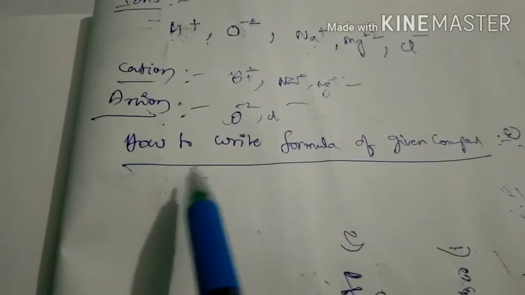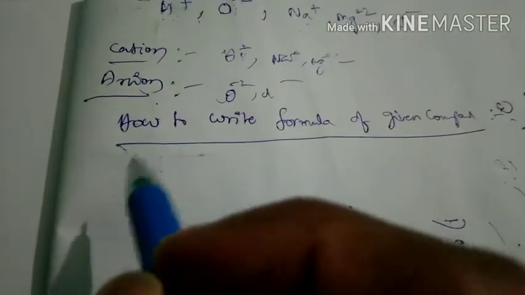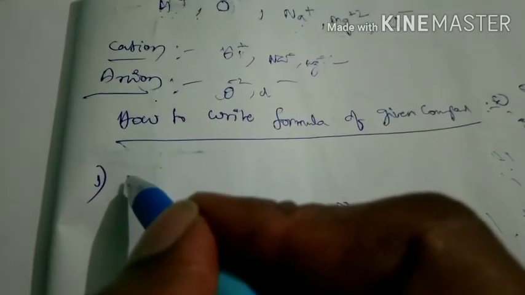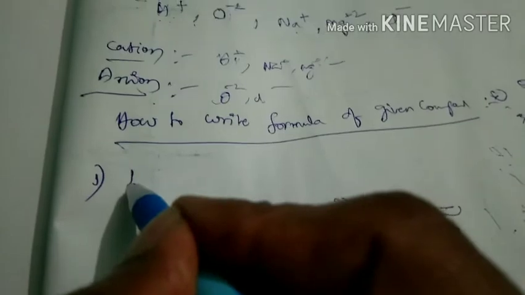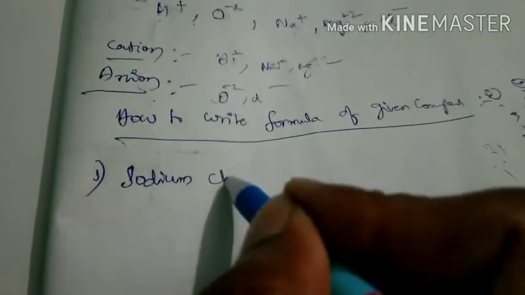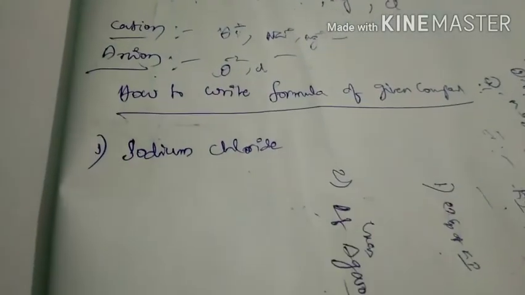Now, how to write the formula of a given compound. That means we have to write the formula of the compound. I will show the example, then you will get the idea. This is a very important and very easy topic. First one, sodium chloride. What is the formula of sodium chloride?